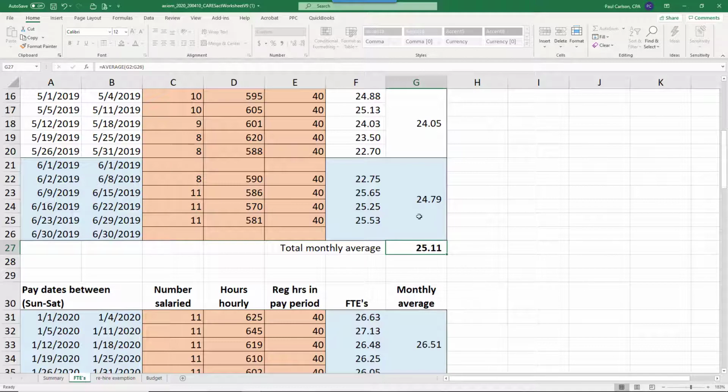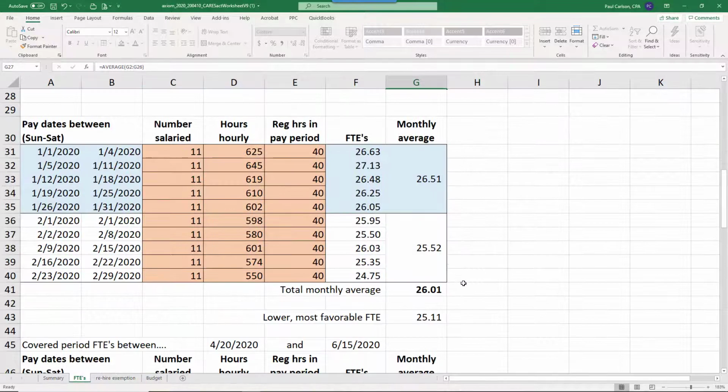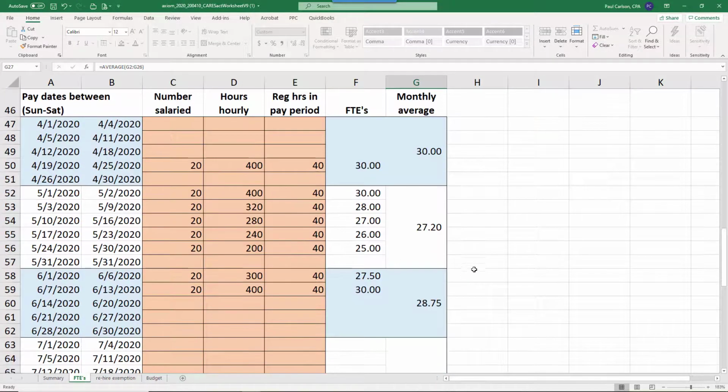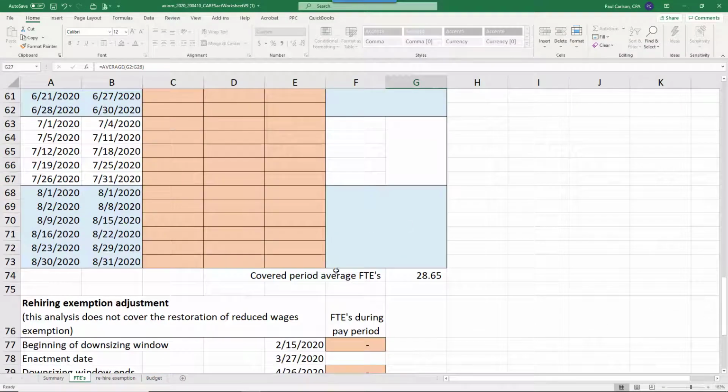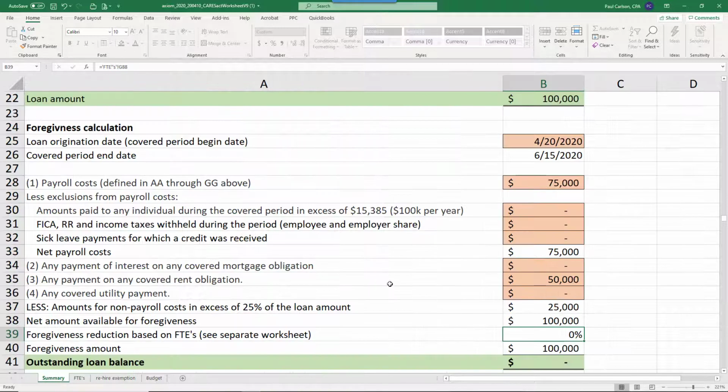You get to pick which full-time equivalent number you want to use for the calculation, so you can use whichever one works best in your favor. So in this example, I cranked around on this, that in the covered period, we have 28 full-time equivalents, and that's why there's 0 adjustment and 100% of the loan is forgiven.